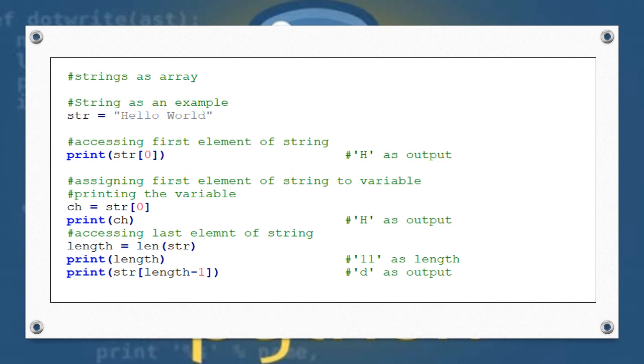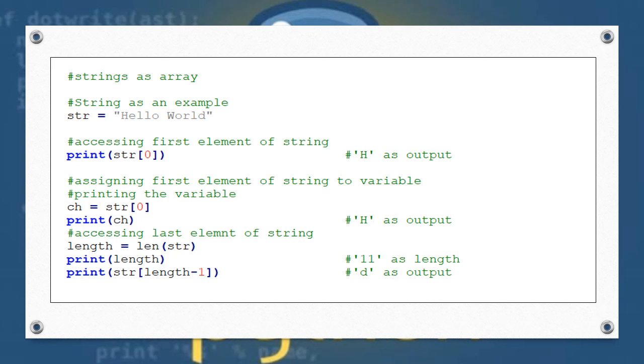Now, if you want to access the first element of our string, we need to use 0, because the first element of the string is stored on the 0th position of the string variable. As we see, arrays start from the 0th position.